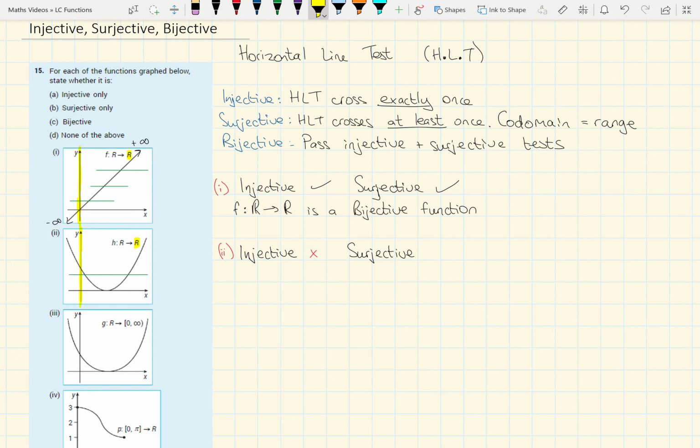We check my range and we see it doesn't go below 0 on the y-axis. So our range is not equal to our codomain, so we are not dealing with a surjective function. We failed injectivity and failed our test for surjectivity, so we cannot have a bijective function. So our function h maps R to R is none of the above.